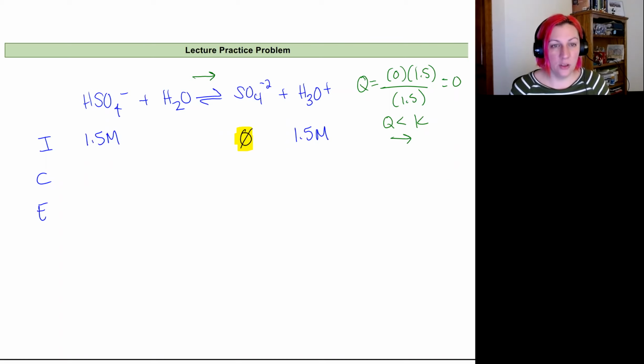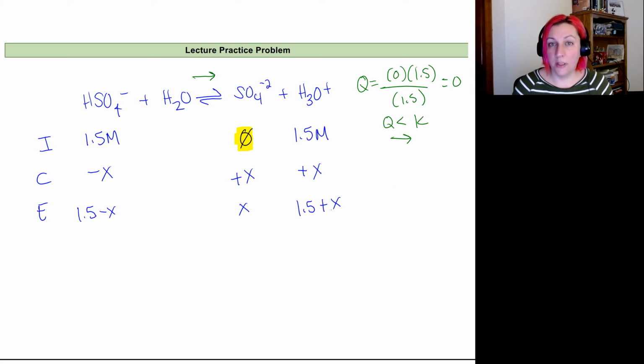So then we'll come back to our change. We'll subtract X from our reactants. Now I have coefficients of 1, so it's just minus 1X, which I write as X. And I'll gain X on both of my products. That's going to create equilibrium concentrations of 1.5 minus X, X, and 1.5 plus X.